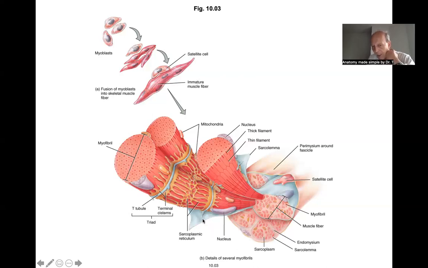Now, in this part of the diagram, although it's not labeled, I can point out what the T-tubule is and try to bring it a little bit closer to your perception of what is about to happen. Obviously, the T-tubule and two terminal cisterns of the sarcoplasmic reticulum form a triad.